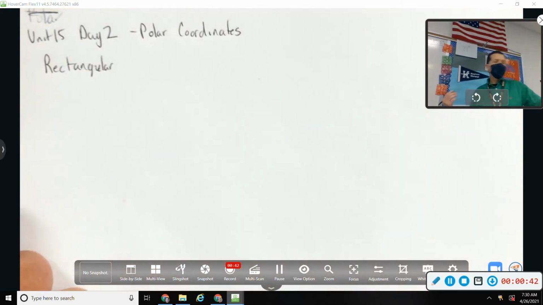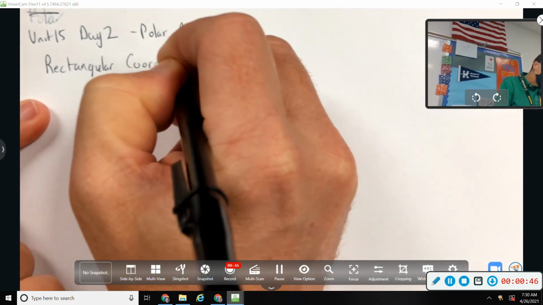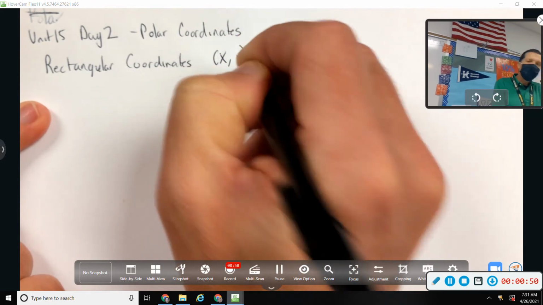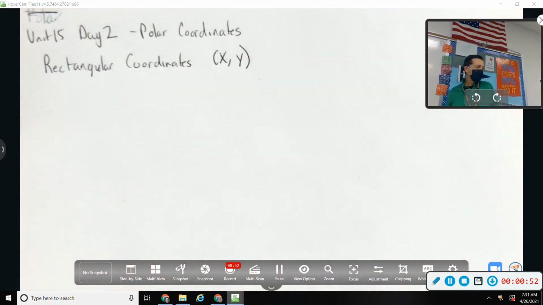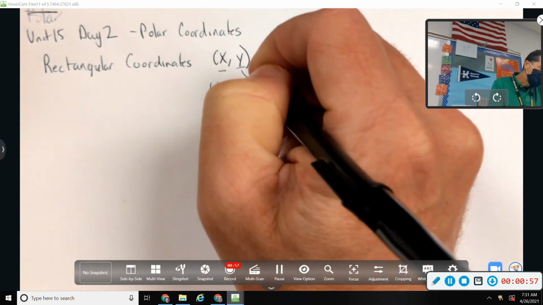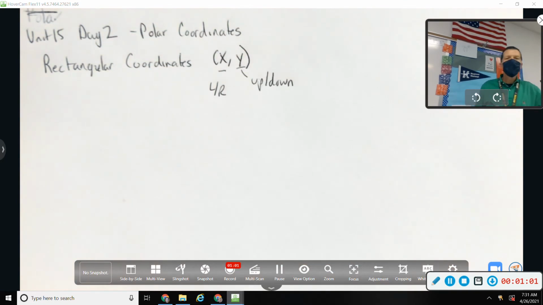What we're used to is rectangular coordinates. We hardly even call them rectangular coordinates because it's the only coordinates we do. The x and y, right? The x is the left-right coordinate and the y is the up-down coordinate. This is super basic, but we're going to contrast that with polar today.